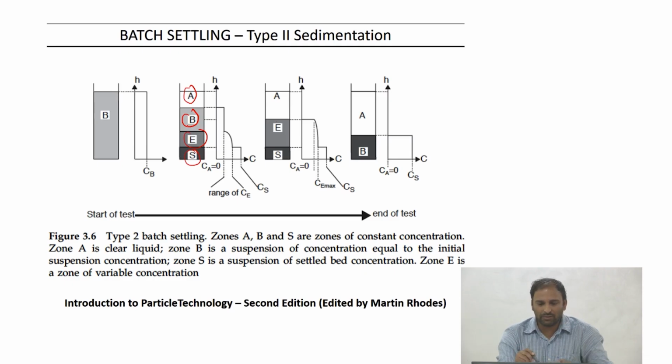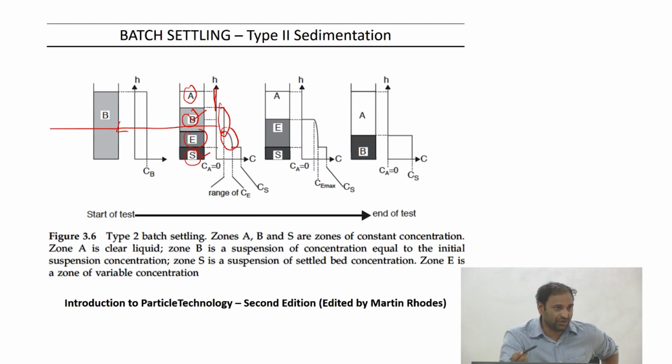What I mean by that is if I look at the concentration plot, the concentration in the top zone is exactly 0. There's no particles there, and B is the same as the initial concentration, and you have a zone E where the concentration varies as a function of height. At the top the concentration is the same as what you have in B. At the bottom the concentration is the same as what you have in S. However, across the height the concentration does change.